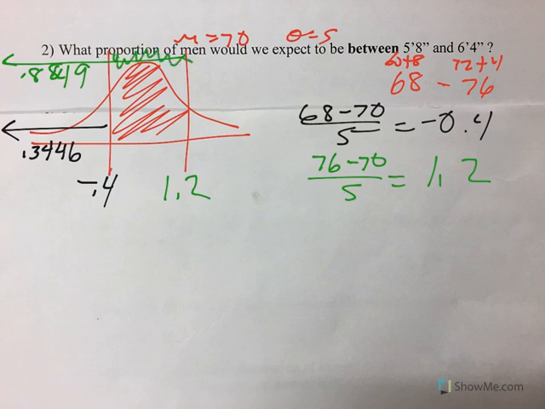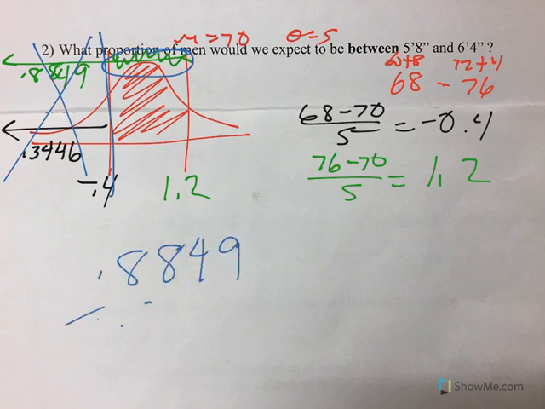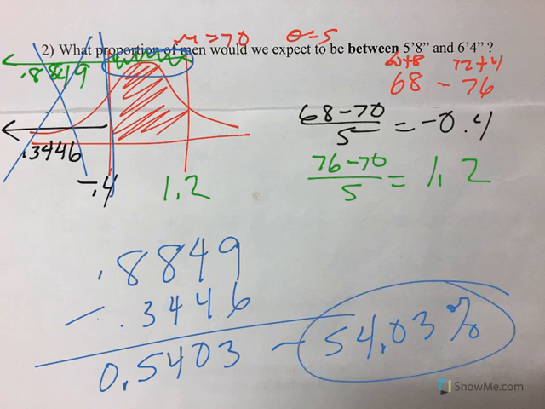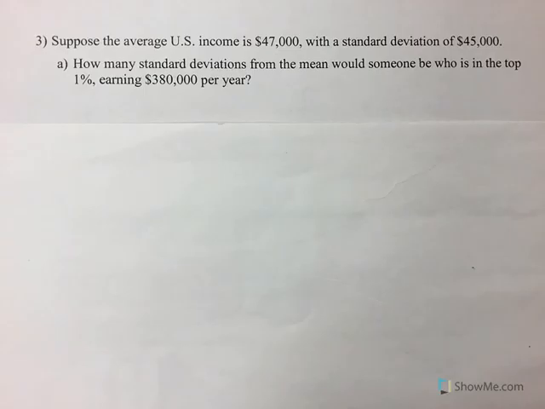So think about it: if I subtract green minus black, the piece that overlaps goes away, and I'm only left with the piece in the middle. So that's exactly what I want to do. 0.8849 minus 0.3446 gives me a probability of 0.5403, which is roughly 54%. That's the proportion. So 54% of men would be between 5'8" and 6'4".